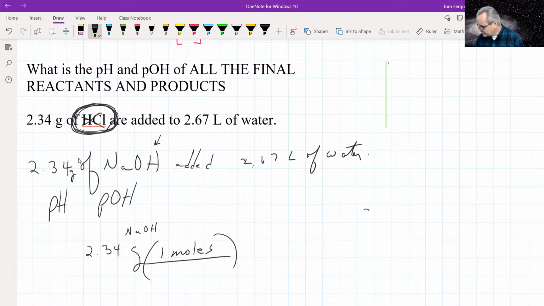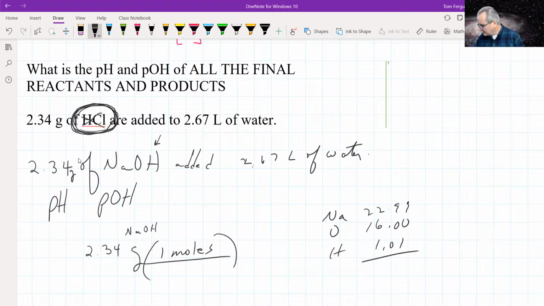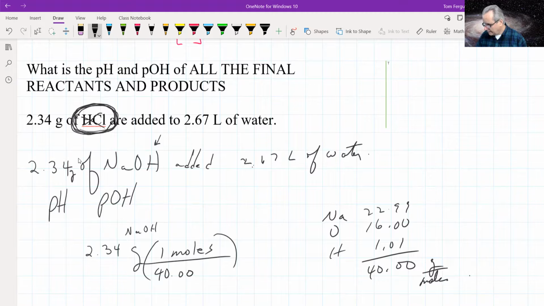And let's see what that is. Sodium is 22.99. Oxygen is 16. Hydrogen is 1.01. And that's 40 grams per mole. Okay, and all that is over 2.67 liters.